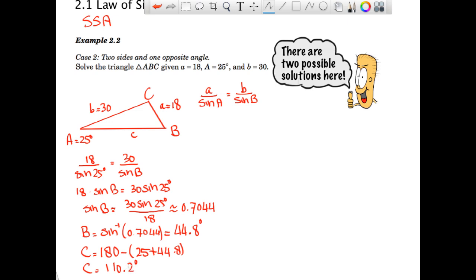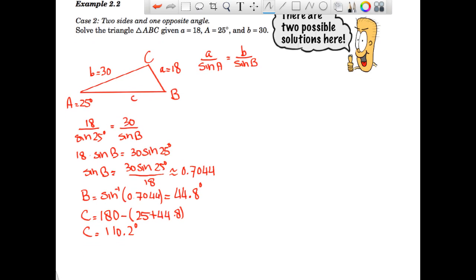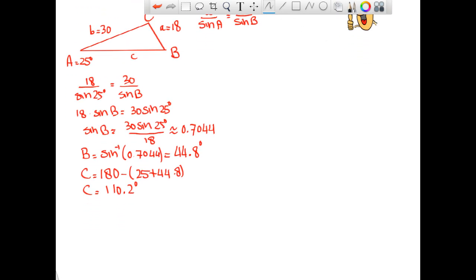And then based on that being 110.2, then I can finish this problem and I could find out that side C, so I'm going to use the first pairing, right? I'm going to use the pairing that I had over here, A over A, so I can do 18 divided by the sine of 25 is equal to side C divided by the sine of 110.2 degrees.